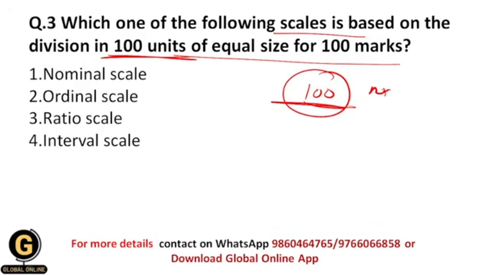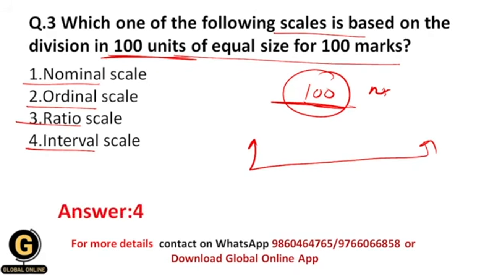So what scale is exactly based on this? Whether it is nominal scale, ordinal scale, ratio scale or interval scale. Students, I have told you exactly what is nominal scale, what is ordinal and what is ratio and interval scale. So your correct answer for this question is 4, that is interval scale.